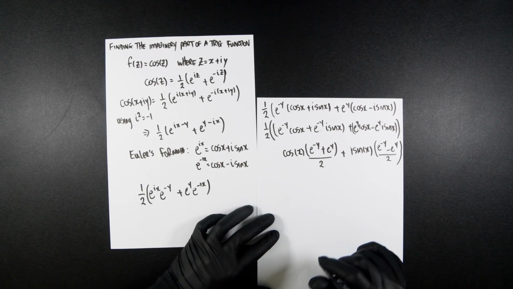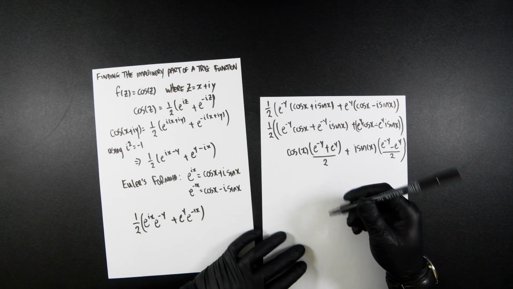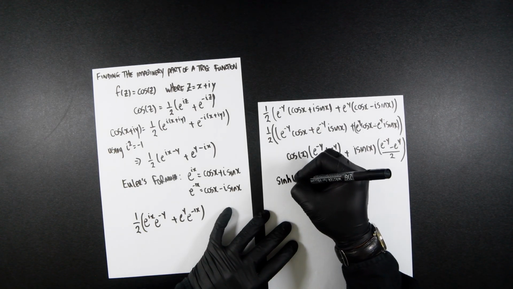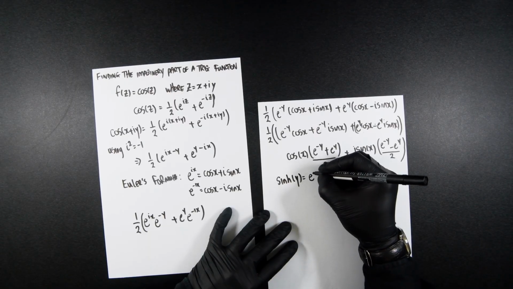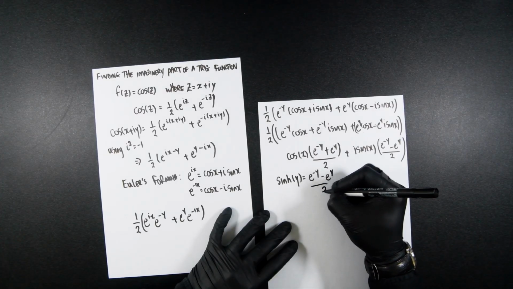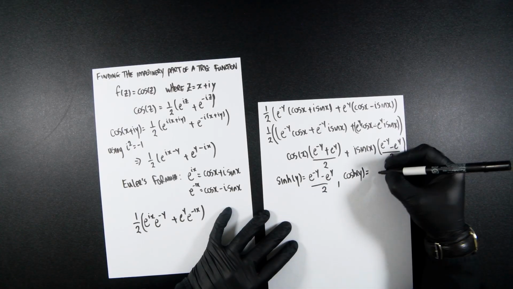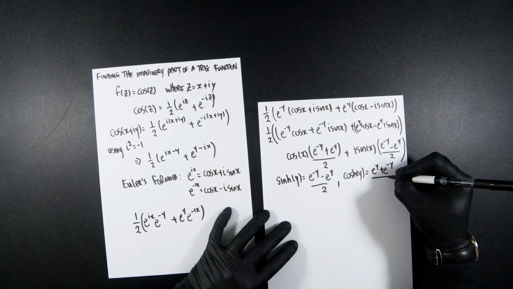We now know, through the definition of a hyperbolic function, that sinh y is e to the y minus e to the minus y over 2, and cosh y is e to the y plus e to the minus y over 2.